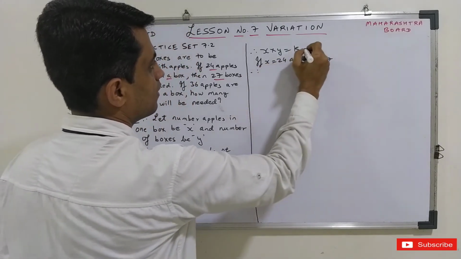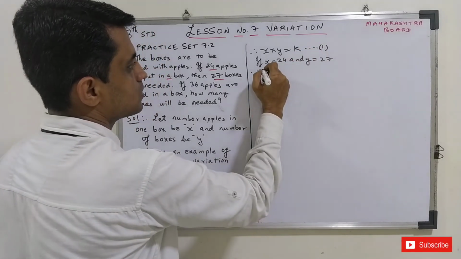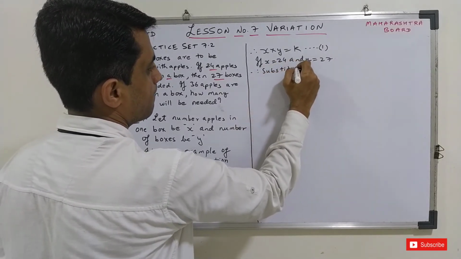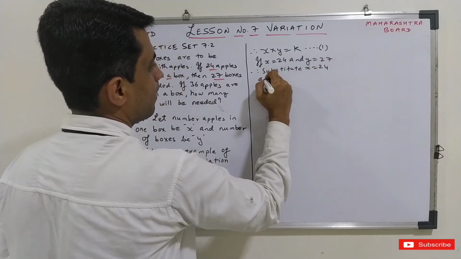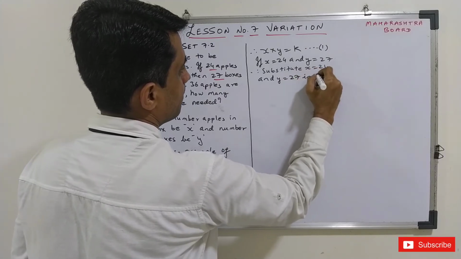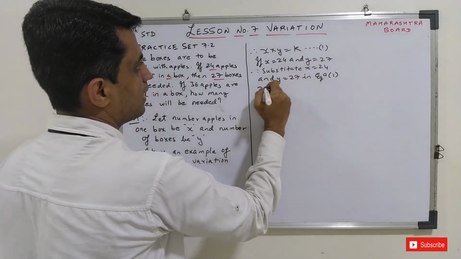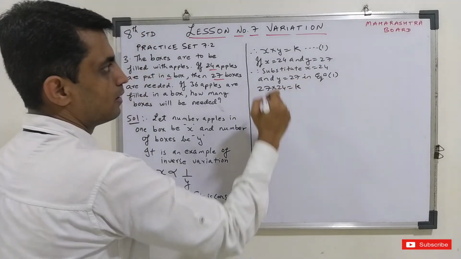So you can write this as equation number 1. Substituting x is equal to 24 and y is equal to 27 in equation 1, you will get 27 into 24 is equal to k.